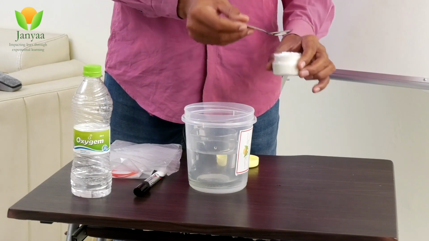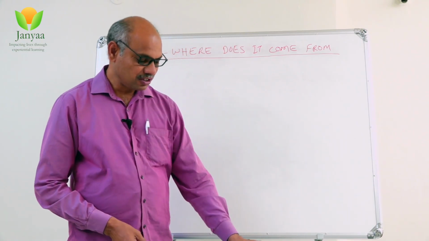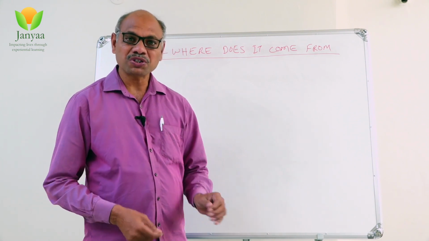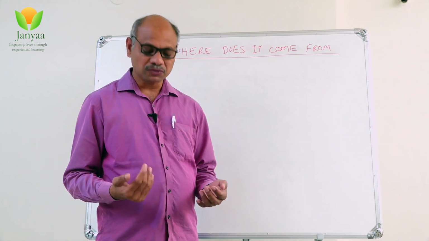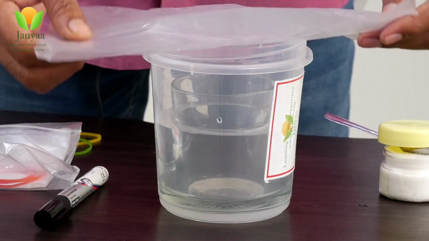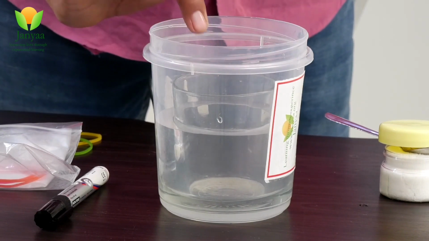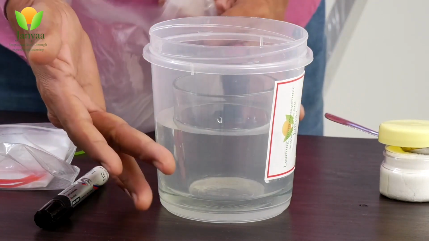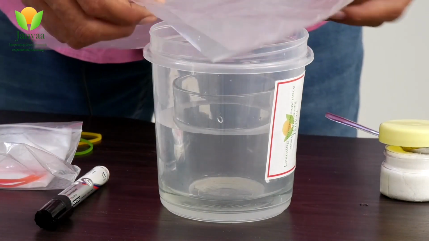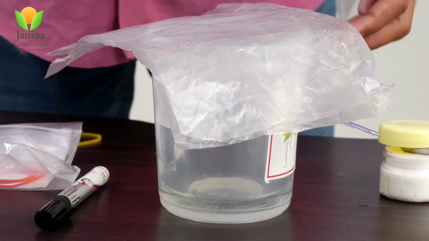Let me put a simple question. Why is ocean water salty? Think over it. Now I cover it. See, no water is there in the glass, only in the tumbler there is water. Now I am closing it. There is no chance to pour the water inside.